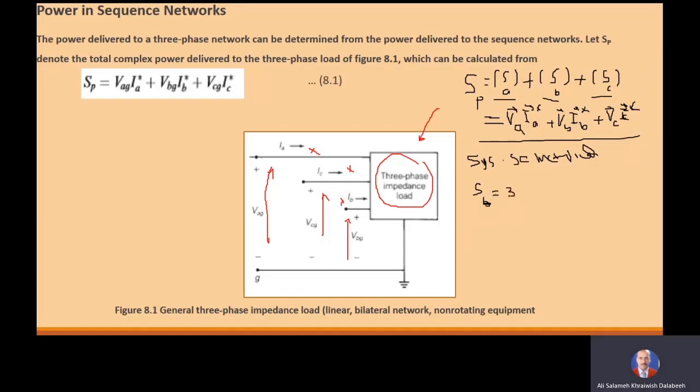In this special case, S is equal to 3 by VA by IA conjugate.